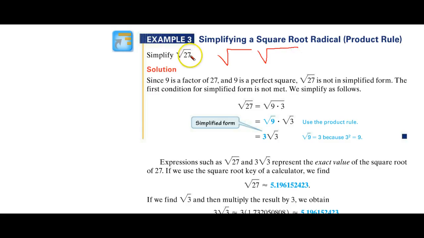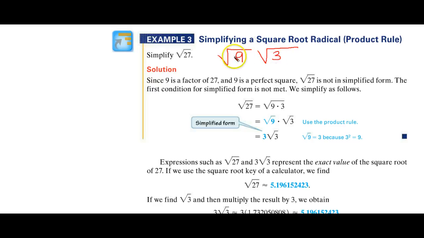Now we're looking for factors of 27. Is there a perfect square factor of 27? And we want the largest one. And if you think about it for a while, you might say, yes, 9. So under one radical sign, you put the 9, and then what's left, you put under the other.